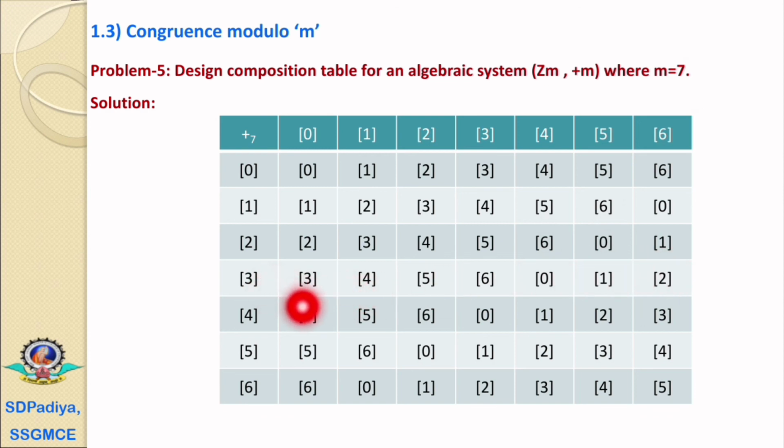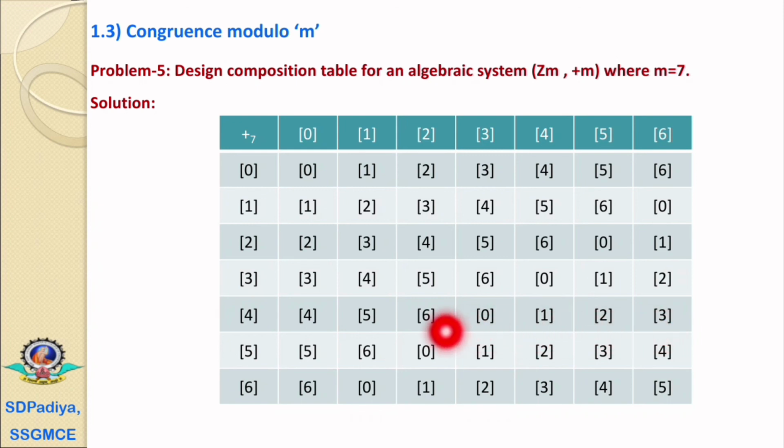For 3, we start from 3, 4, 5, 6 and repeat from 0, that is 0, 1, 2. For the 4: 4, 5, 6, 0, 1, 2, 3. The next 5: 5, 6, 0, 1, 2, 3, 4.